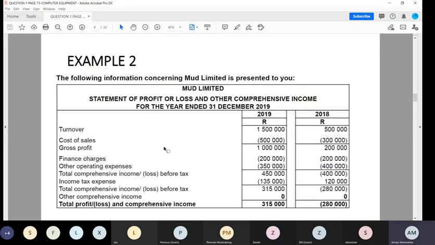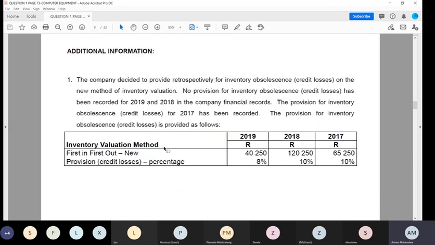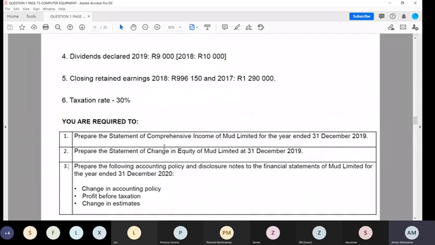Here's example number 2. As I've indicated, I just took this example straight from last year's test. This was tested last year. Let's start from the required, and then we'll go later and discuss the additional information and the other information provided. Very important, as I indicated at the beginning, you should be able to prepare the statement of comprehensive income, the statement of changes in equity, and the notes to the financial statements.